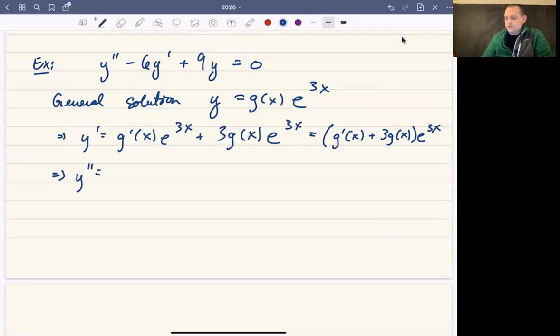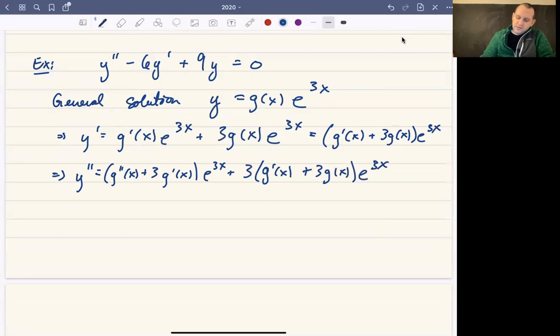And we're going to get the derivative of the first, so g double prime plus 3g prime, times the second, plus the derivative of the second. So it's 3 times the first. Okay, so the e to the 3x was the derivative of the second term times the first.